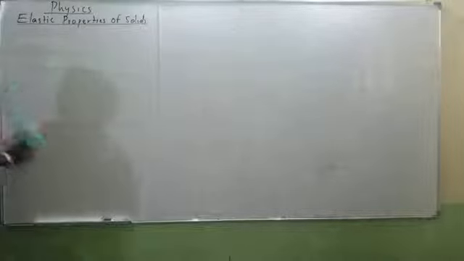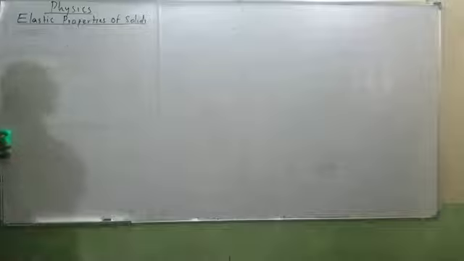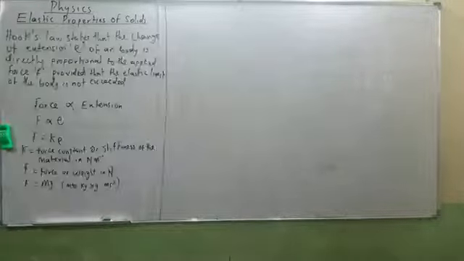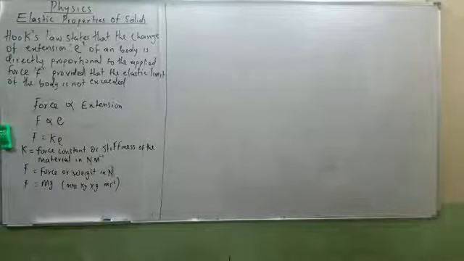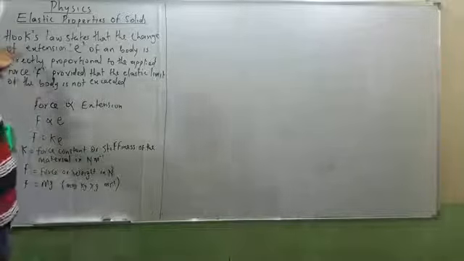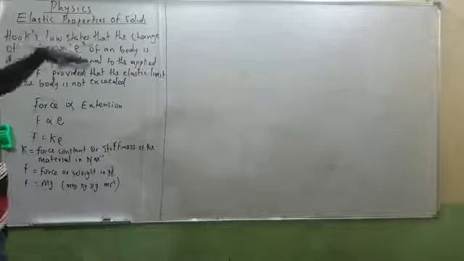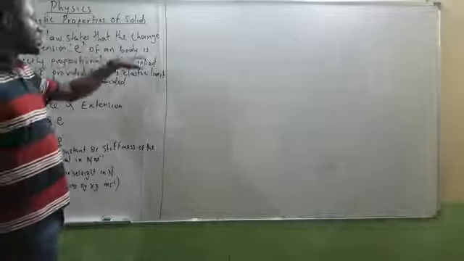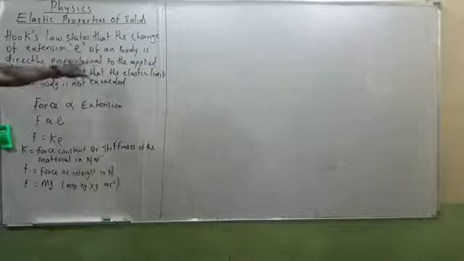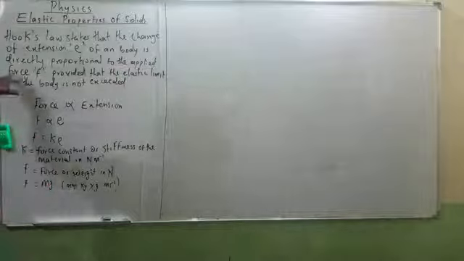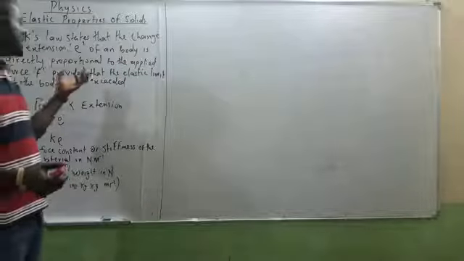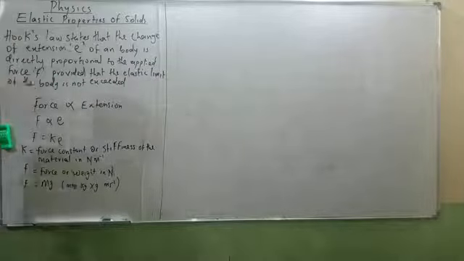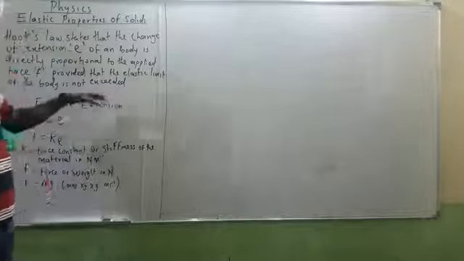Now, let me state Hooke's law for you. Hooke's law states that the extension, which is e, of a body is directly proportional to the applied force, which is F, provided that the elastic limit of the body is not exceeded.